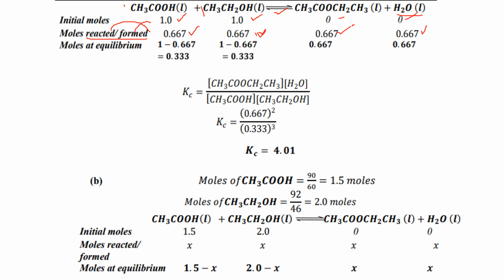To get moles at equilibrium, on the reactant side you just subtract. So it's going to be 1 less 0.667 and 1 less 0.667, and on the product side you just add: 0 plus 0.667, 0 plus 0.667. So you end up with moles at equilibrium of 0.333 for the reactants, and on the product side you remain with 0.667.